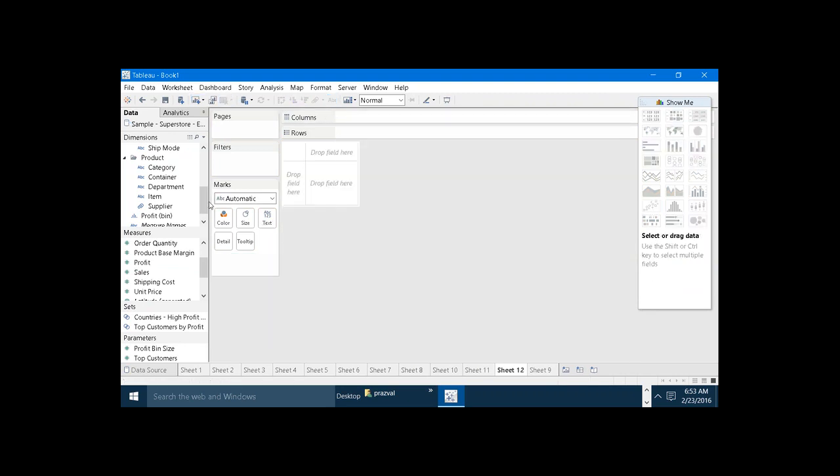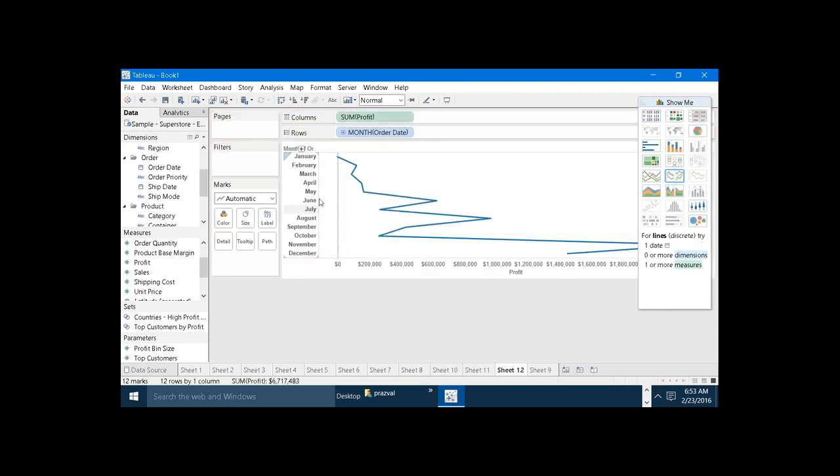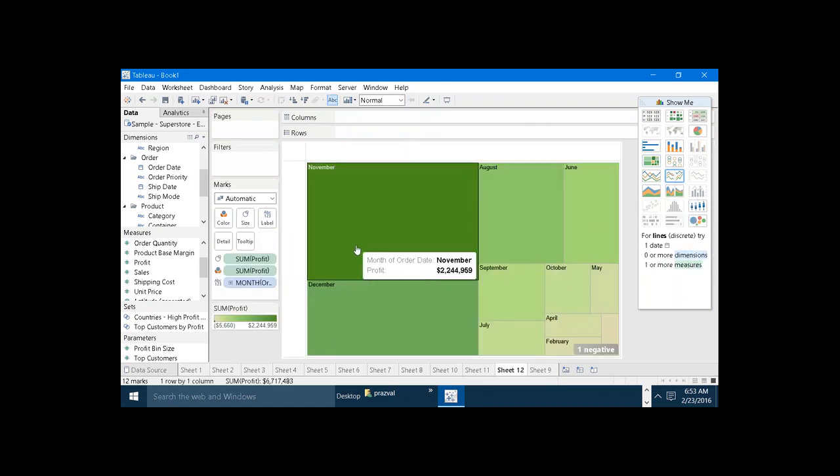See, I'm taking month-wise profits. I'm taking it as the tree map. I'm taking the month-wise profits in every category.